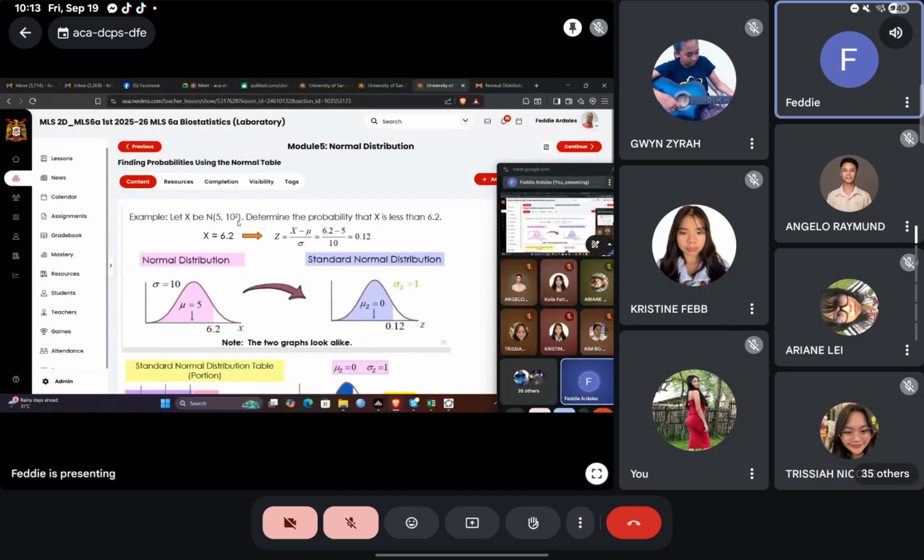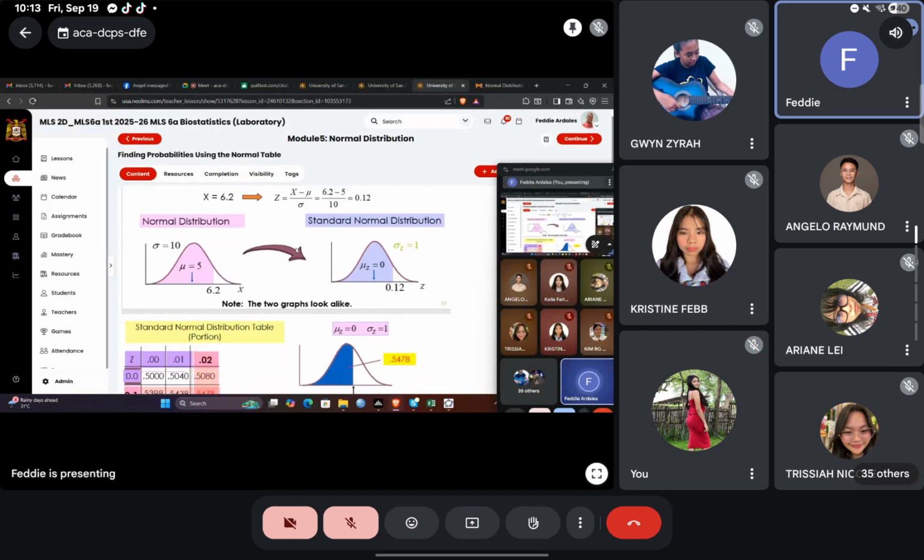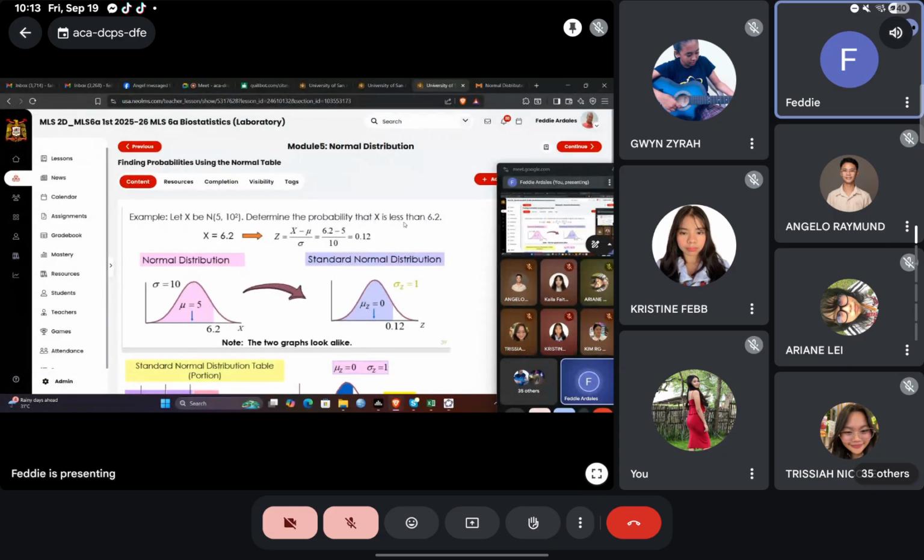Determine the probability that x is less than 6.2. Computing this using the standard normal distribution, you have the value of z, which is 0.12. Take note, less than means to the left of 0.12.